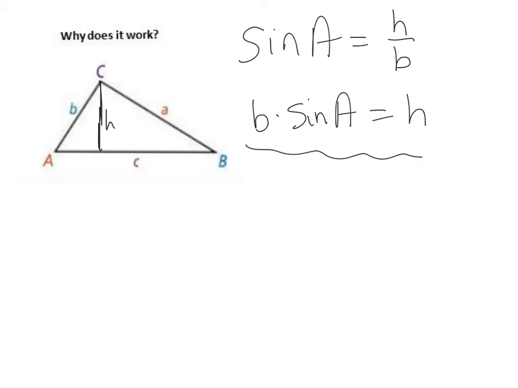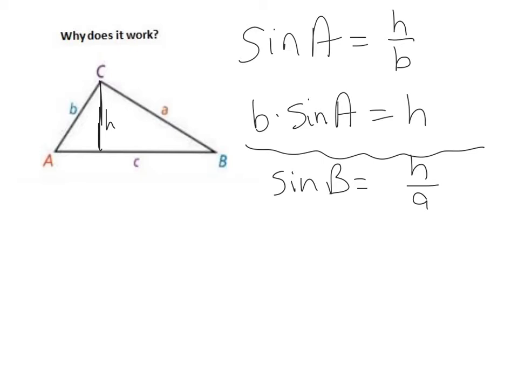Okay, so that's one thing that we're trying to do. And then if I went over here and stood at angle B and looked opposite, sine of B is h over a. Now the hypotenuse in this triangle on the right side is a. So another relationship is sine of angle B is h over a.